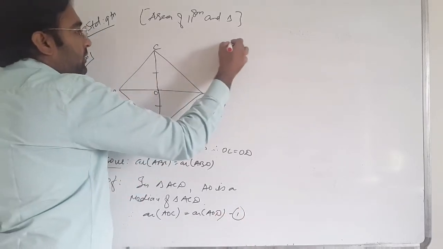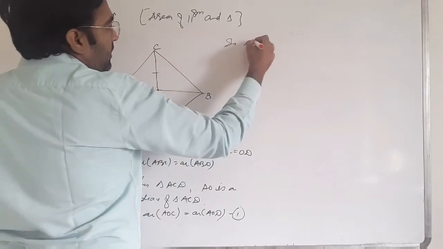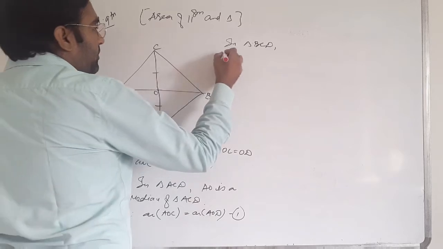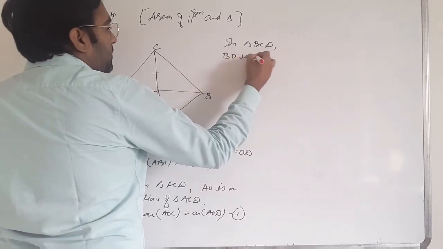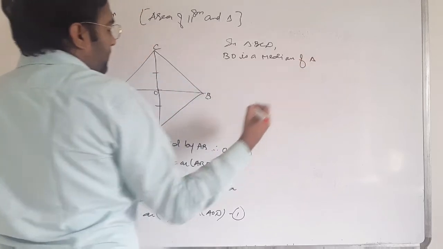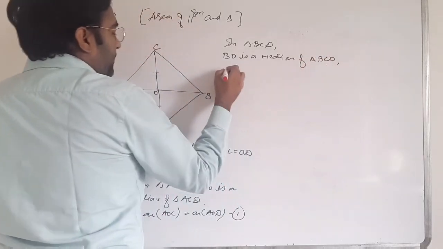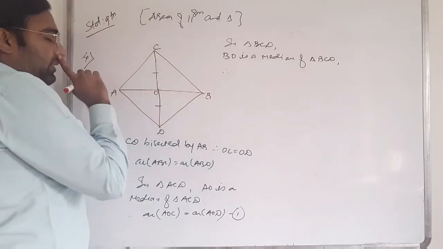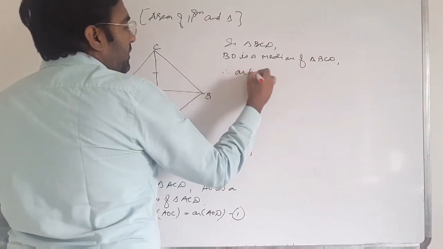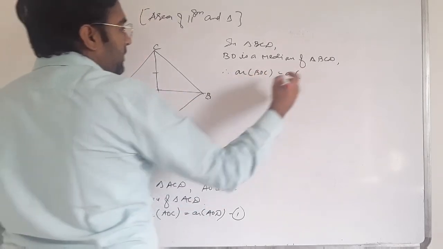Second, in triangle BCD, BO is a median of triangle BCD. Therefore it divides it into two equal areas: area of BOC is equal to the area of BOD.